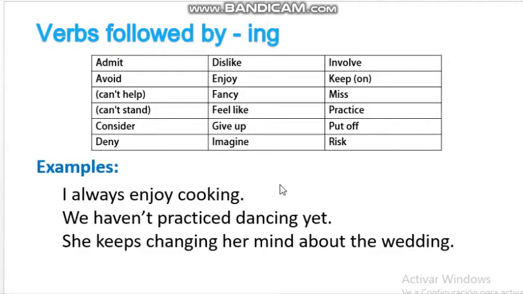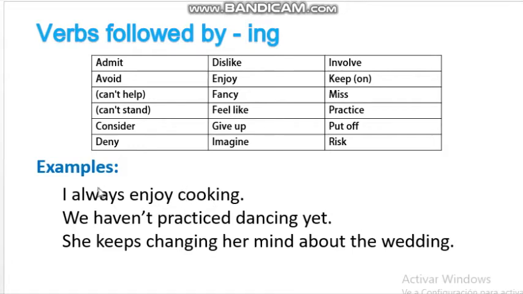Now, we are going to see the differences between verbs followed by ing. We have a list of verbs, and after these verbs, the next verb is followed by ing.